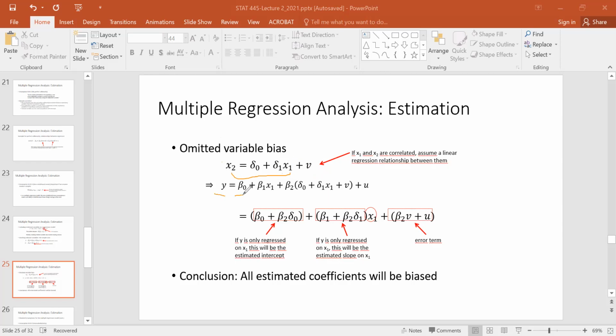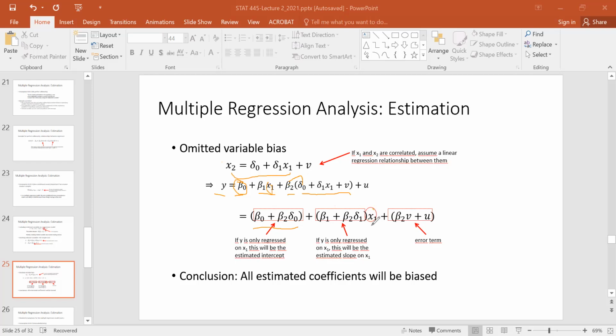This is y equals beta 0 plus beta 1 x1 plus beta 2 x2. All this is x2. Remember, this is x2 plus our error term. Then we group like terms. Beta 0 is a constant. This times this is also a constant. This times this is a constant. So we group the constants. Then the coefficient of x1 is factorized.